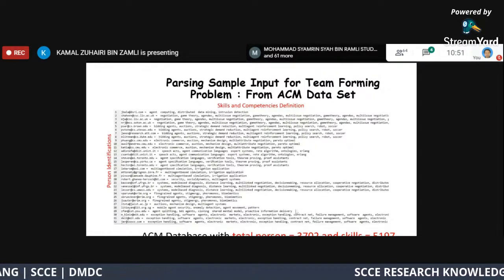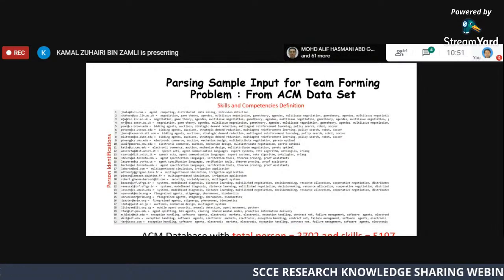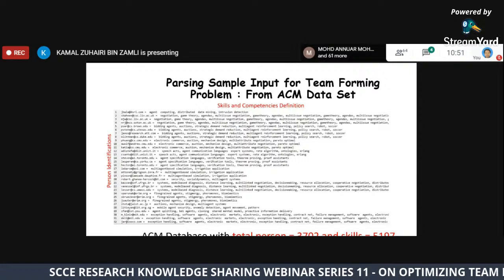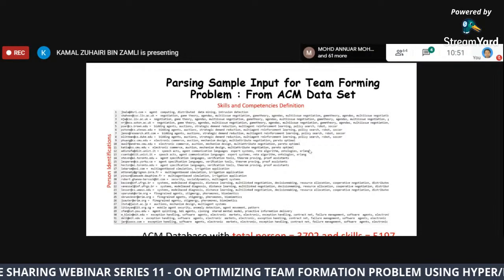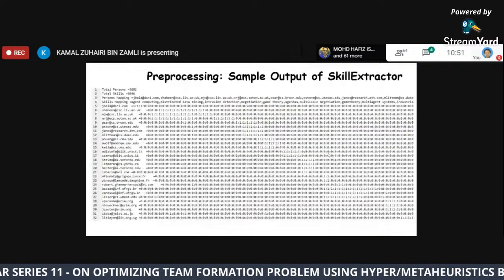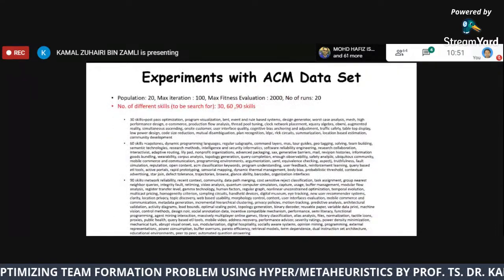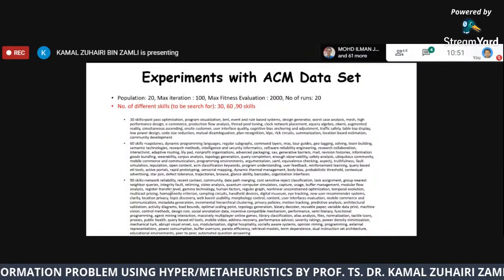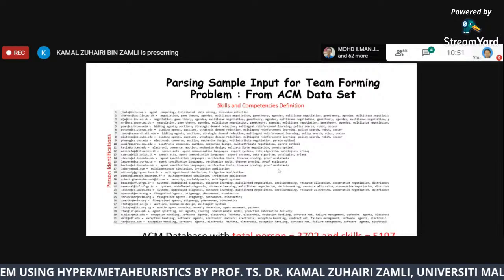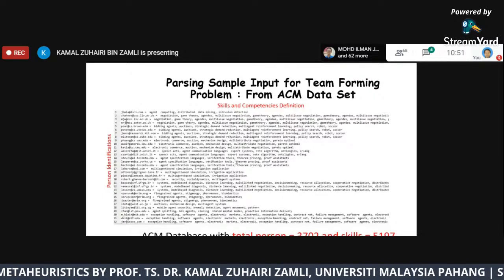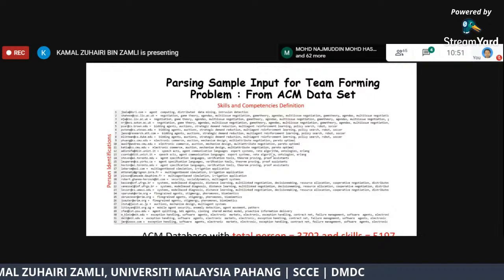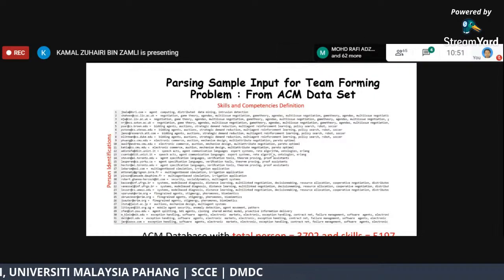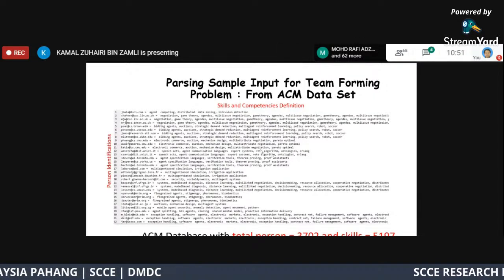For ACM we have 3,700 persons and 5,197 skills, and we find 30 skills, 60 skills, 90 skills from this. Again, remember, we don't work with this directly. As I told you before, we have a skill extractor and a cost extractor.